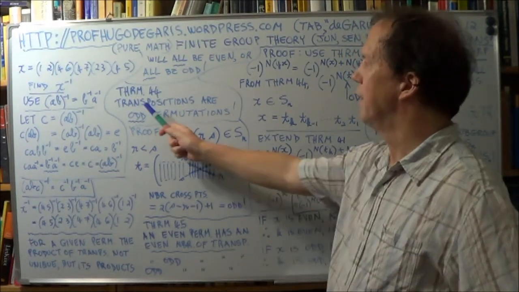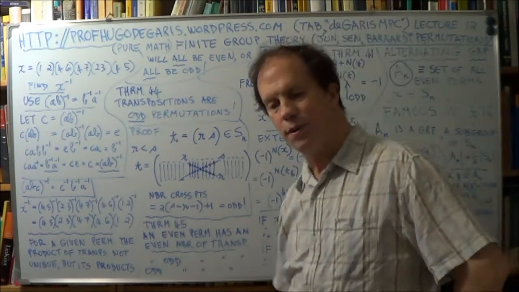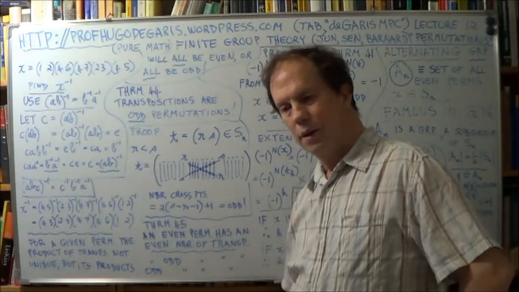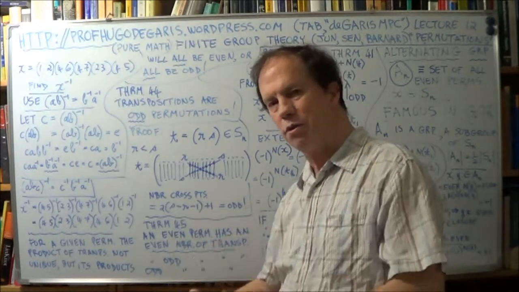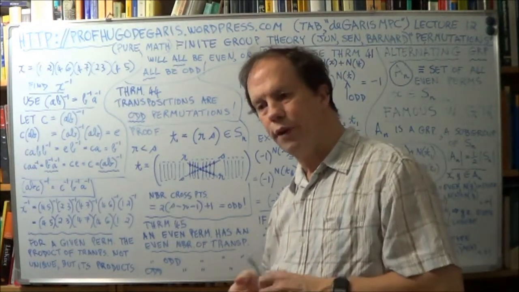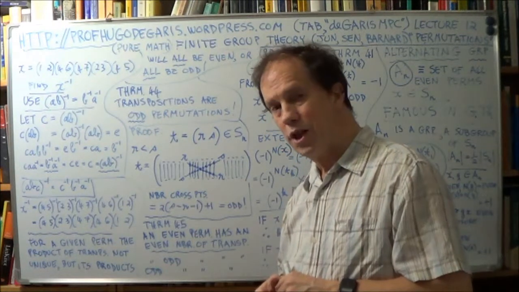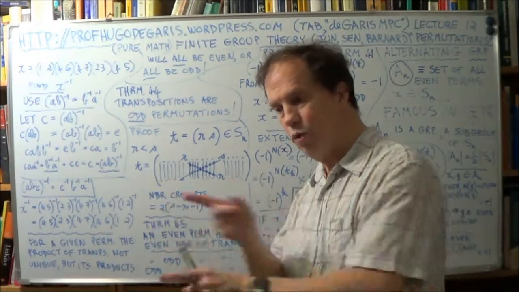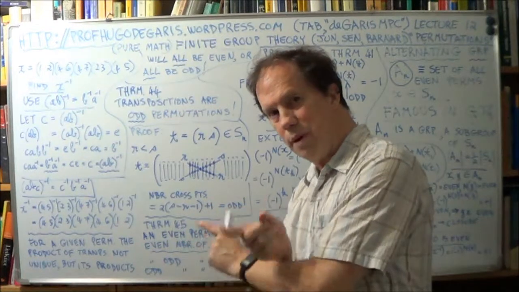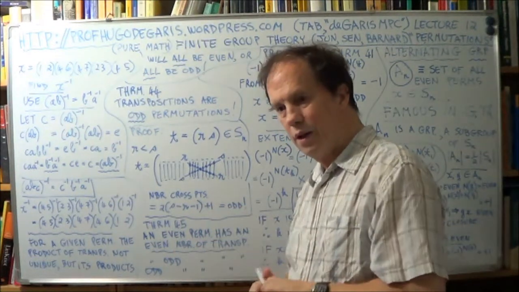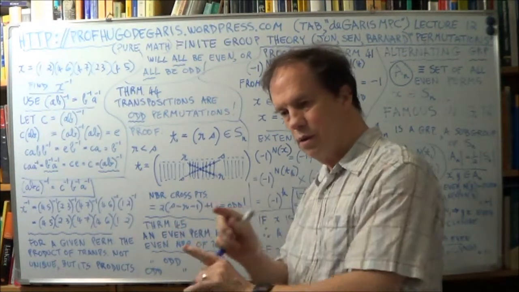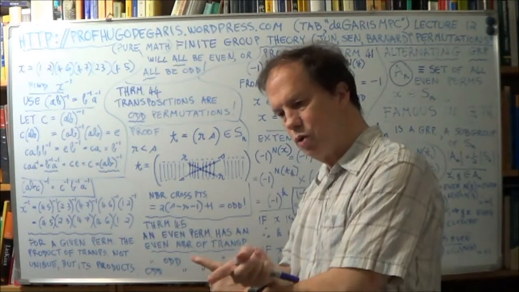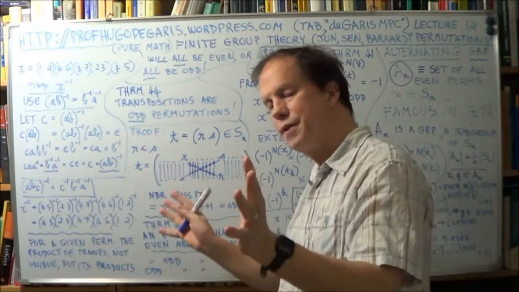Question: a transposition is a very special kind of permutation, right? All it does is swap two of the objects that you're permuting. It just swaps two of them and leaves everything else the same.